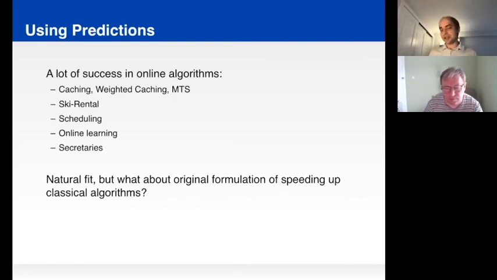so everything's great, right? And there's been a flurry of work in different directions in online algorithms. We just talked about secretaries. There's a rich line of work now on caching, metrical task systems. You can capture ski rental, really simple kind of online choices. You can look at scheduling.